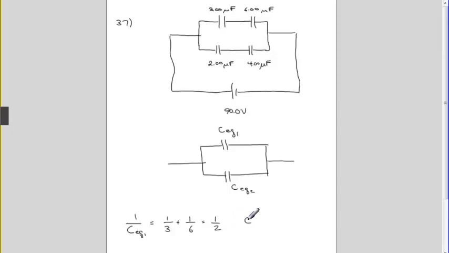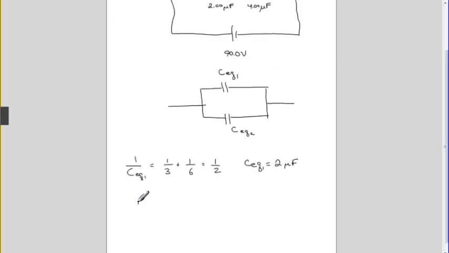If you take the reciprocal, we find the equivalent capacitance 1 is 2 microfarads. Let's do the second one. 1 over the equivalent capacitance of the lower two is 1 over 2 plus 1 over 4, which is 1/2 plus 1/4 is 3/4. Therefore, the equivalent capacitance is 4 divided by 3, which is 1.33 microfarads.